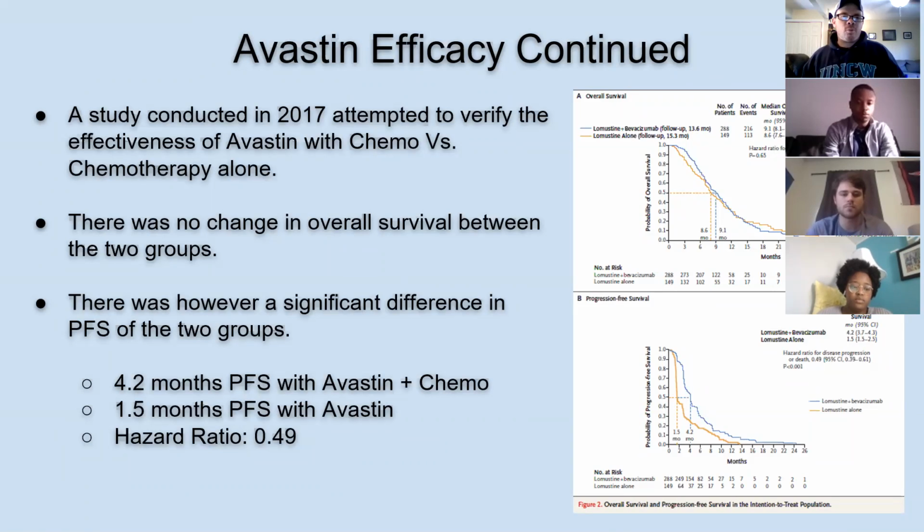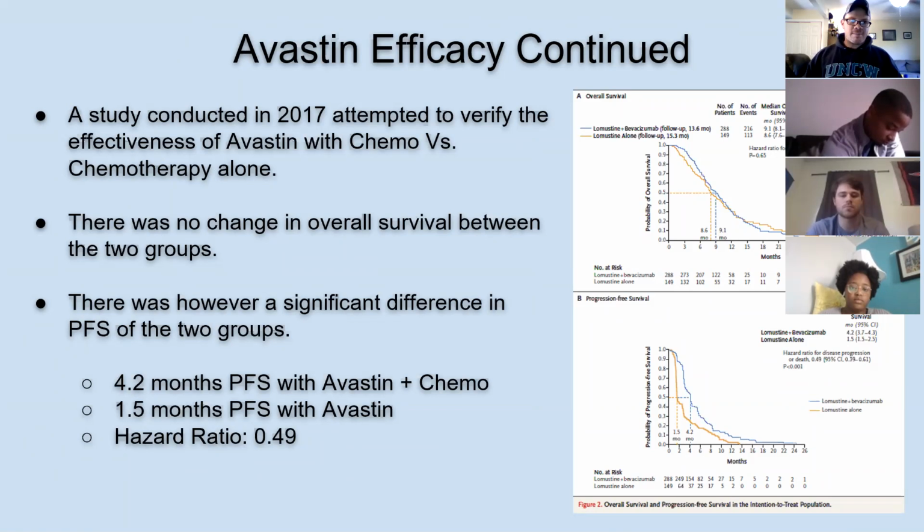There was a significant difference, and that's what they focus on the website: the significant difference in the progression-free survival of the two groups. Progression-free survival is four months roughly with Avastin and chemo, and only a month and a half with chemo alone.